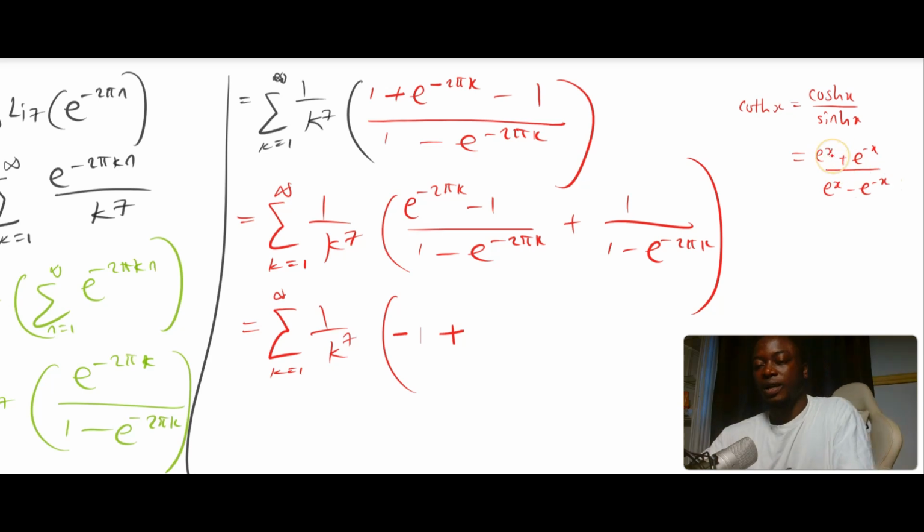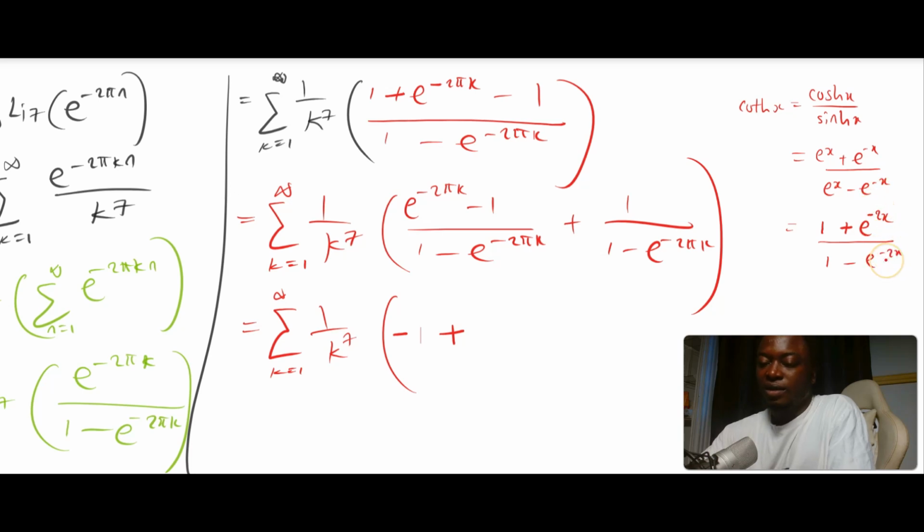So if you multiply top and bottom by, say, e to the negative x, you would have 1 plus e to the negative 2x over here, all divided by 1 minus e to the negative 2x here.